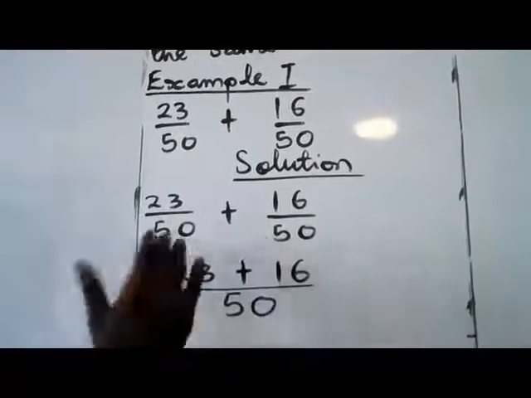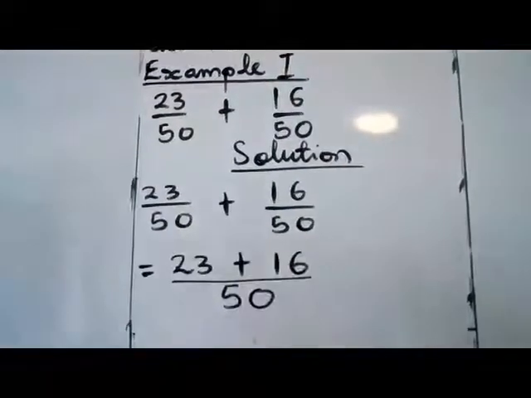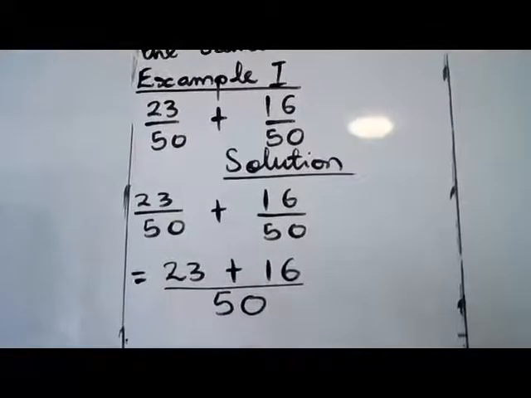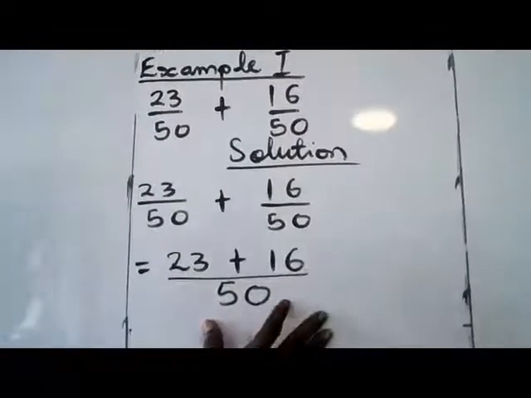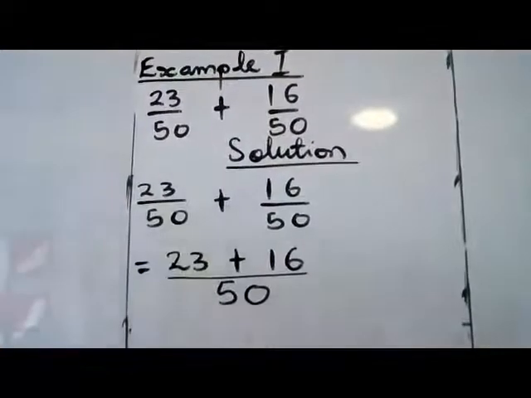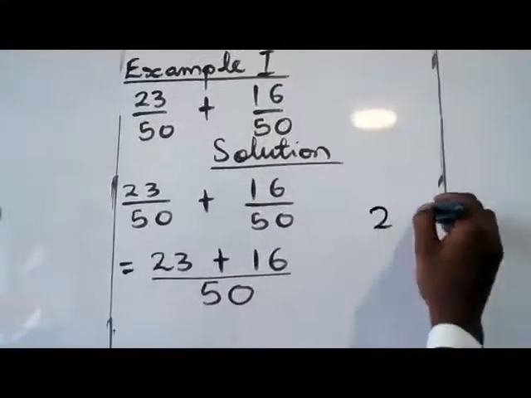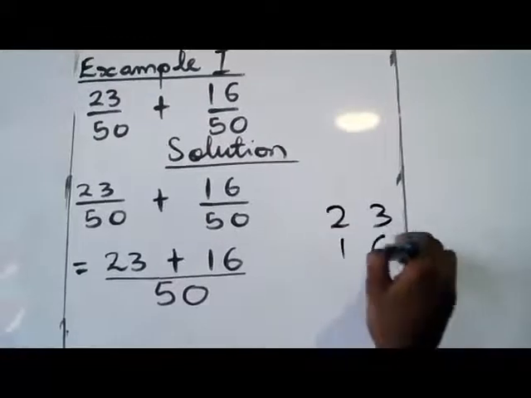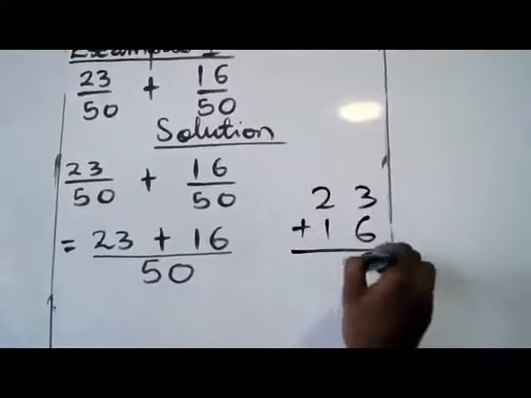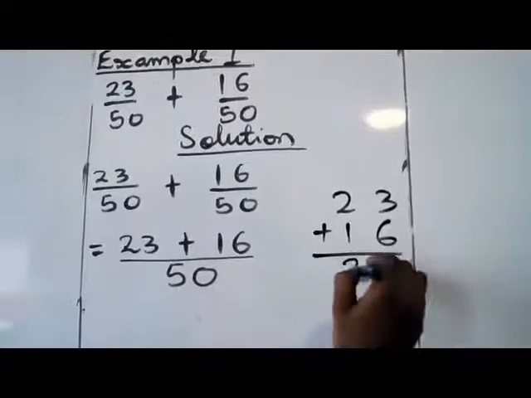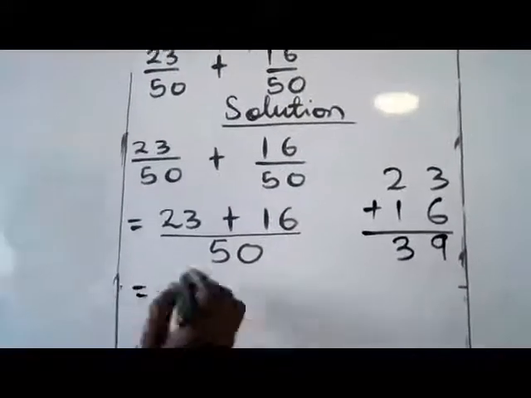And since both numbers are of the same value, you don't need to look for the LCM. You just bring it down straightforward and continue with our work. So quickly, let's go. In your jotter, you have your 23 plus 16. This is 9, and this is 3.